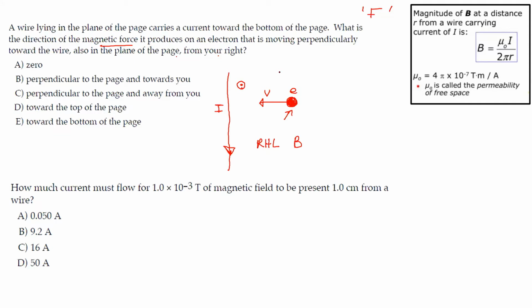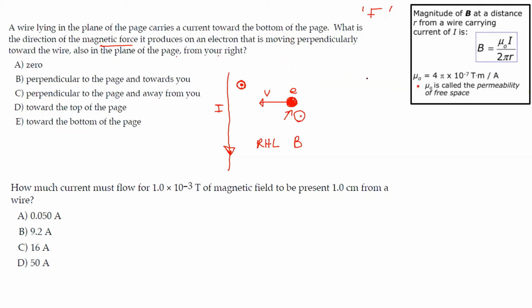So this is down, and this is the correct side. Here my fingers are pointing outwards. That means the B field is pointed out of the page. Okay, out of the page.